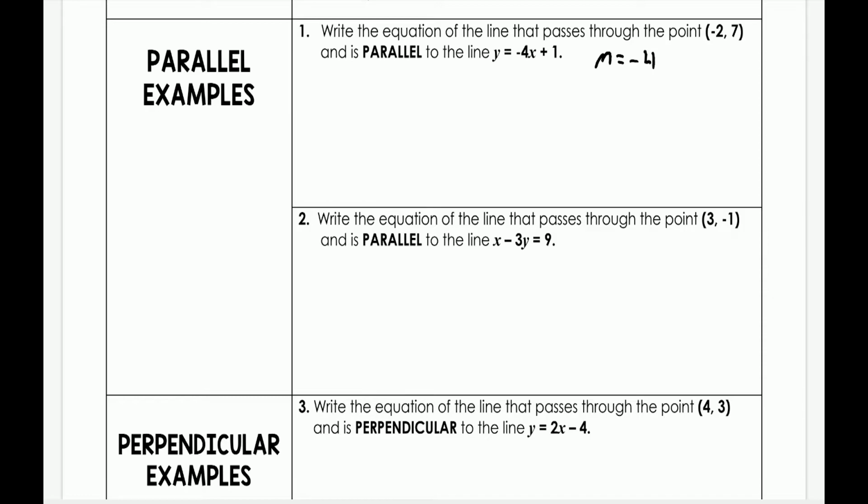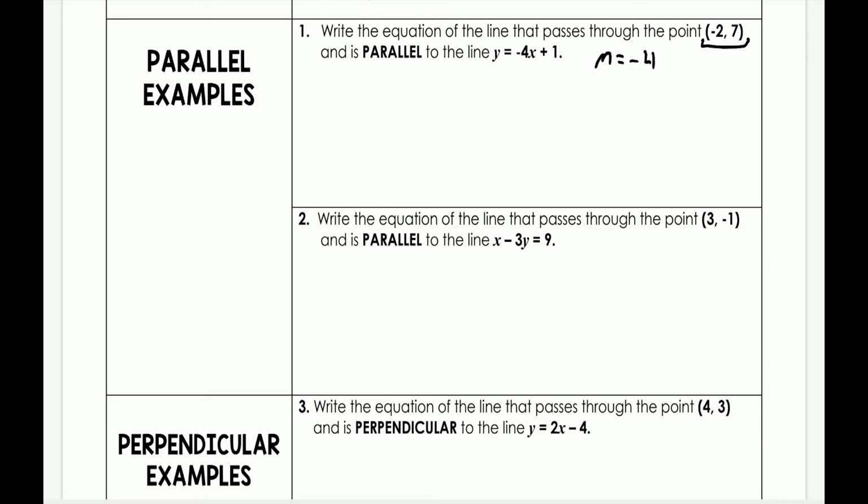And now we have a slope, -4, and we have a point. And we know how to derive the slope-intercept form using the point-slope form. So let's use the point-slope form equation and discover what the y-intercept would be.